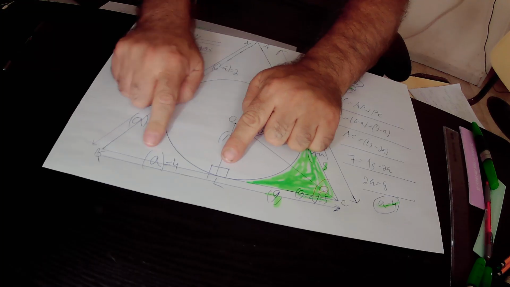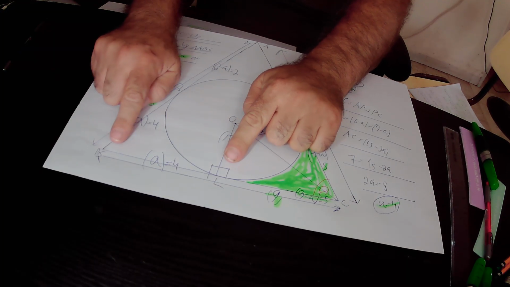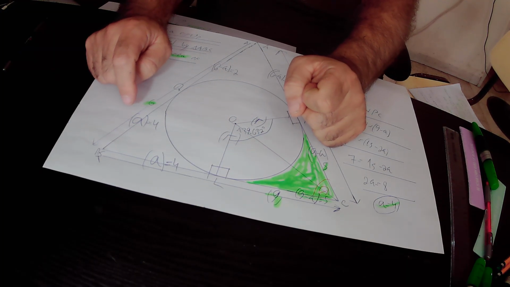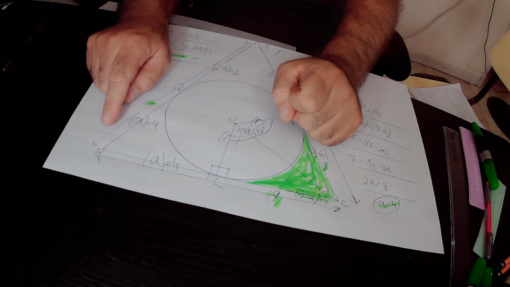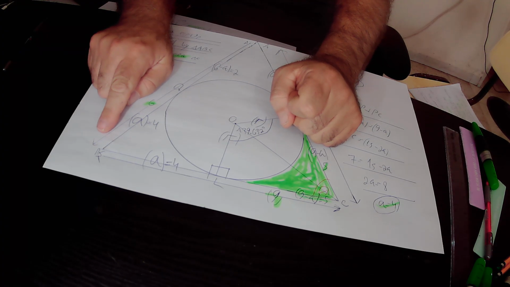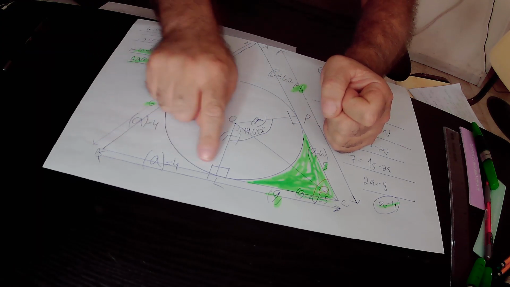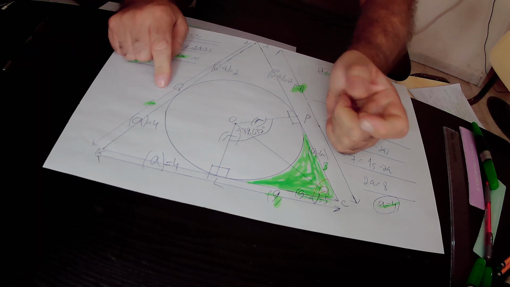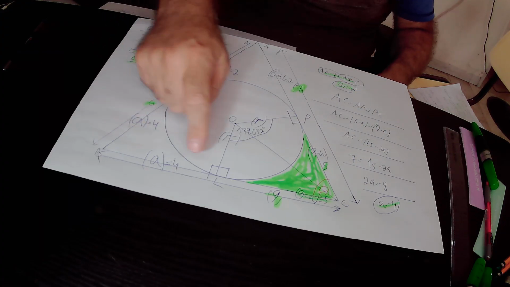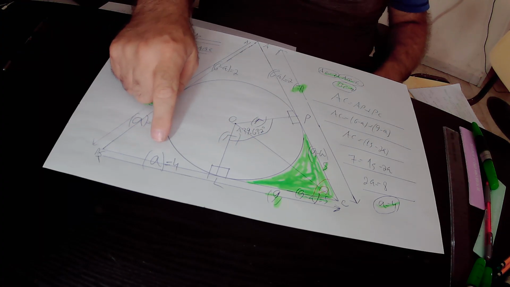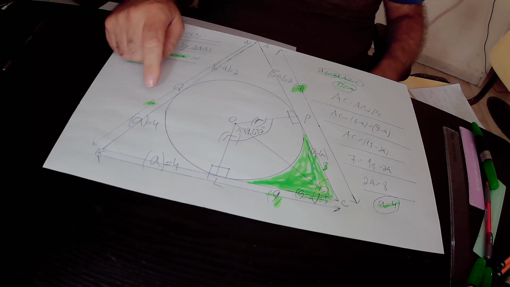So we implemented the rule in our drawing. First of all, we define the length of line segment BL as a, and then we focus on the common point B. From B, we have two tangents to this circle, tangent BL and tangent BQ. According to the rule, they are equal to each other. That is to say, BL equals BQ, but BL is a, therefore BQ must also equal a units in length.